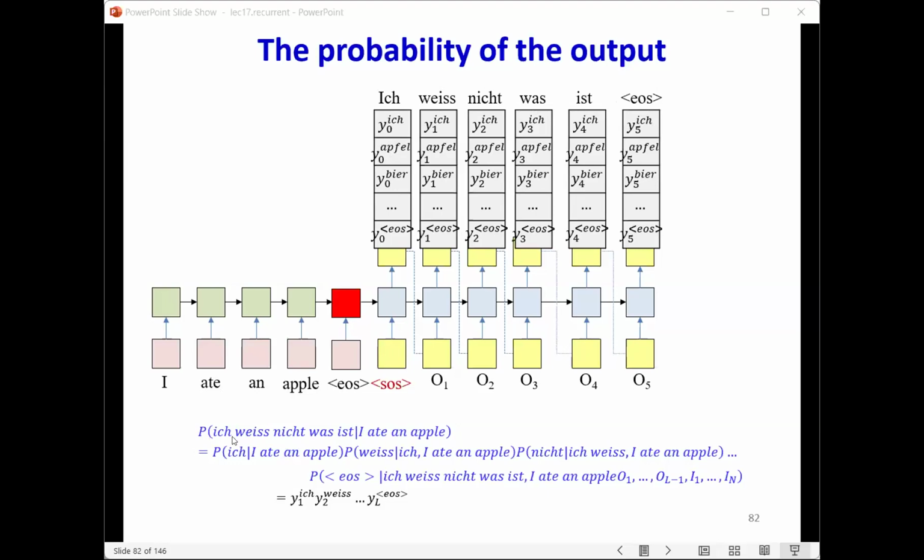This is going to be the probability of "ich weiß nicht was ist" given I ate an apple, which is going to be the probability of ich given I ate an apple, times the probability of weiß given ich and I ate an apple, times the probability of nicht given ich weiß and I ate an apple, and so on. Right? Is this making sense over here?